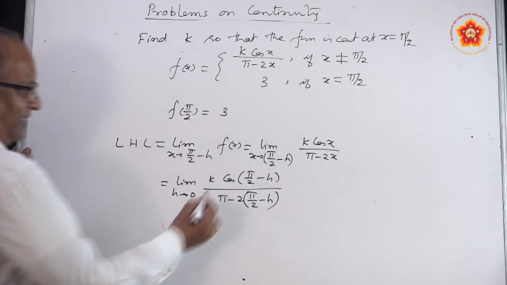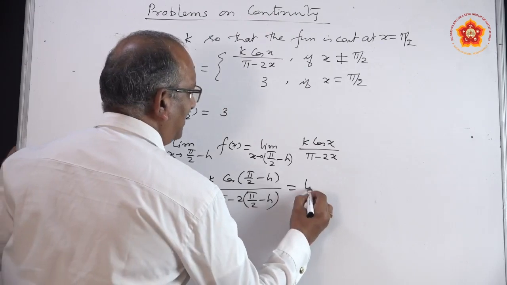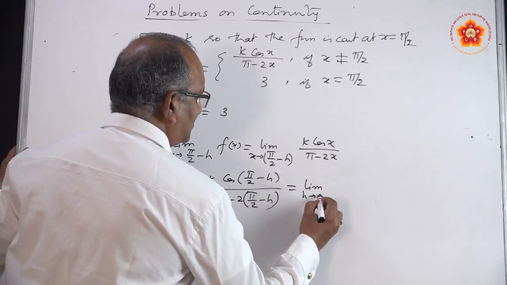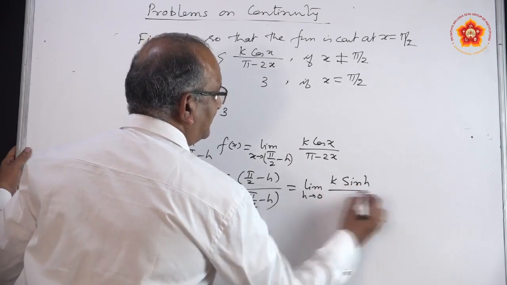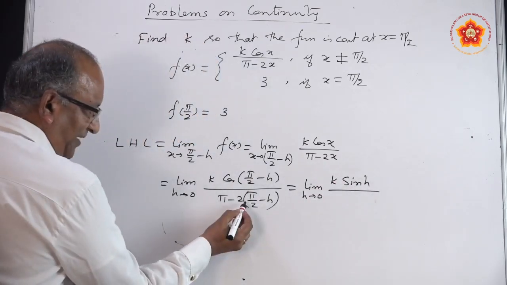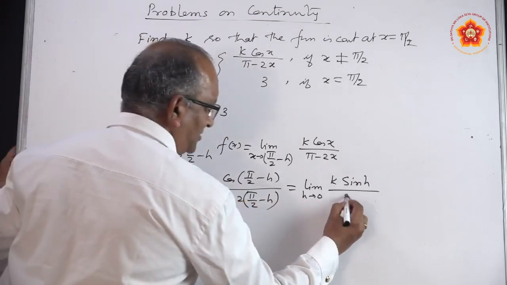Simplify. What is cos 90 minus theta? Cos 90 minus theta is sin theta. So, this will become limit h tends to 0, k sin h upon, simplify this, 2 and 2 can be cancelled, pi and pi will get cancelled and you will get 2h.